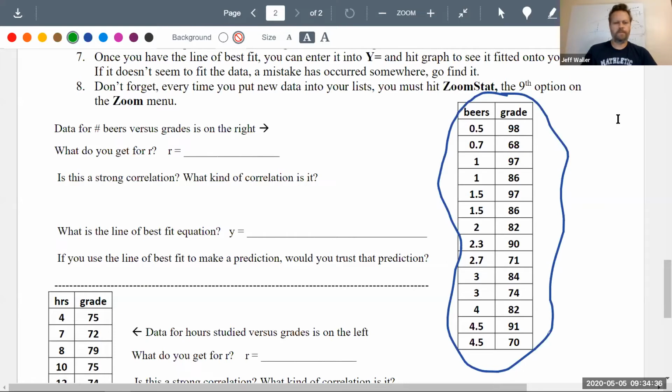Would you want to sort them? Hell no is the right answer, because that 0.5 has to go with that 98. That represents a person. If you sort them, you're tearing somebody apart. That's kind of gross. So don't sort them, because then people are getting killed.